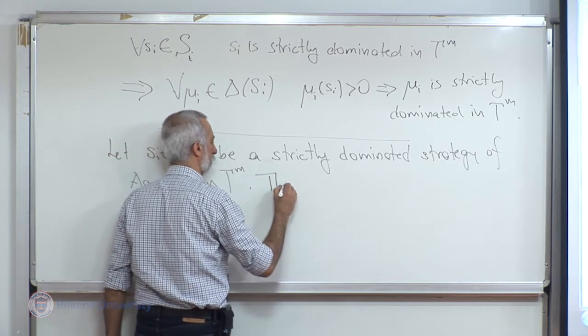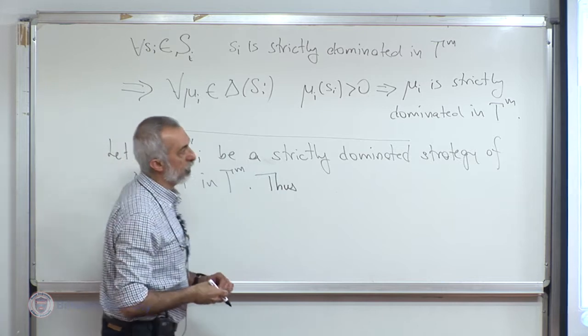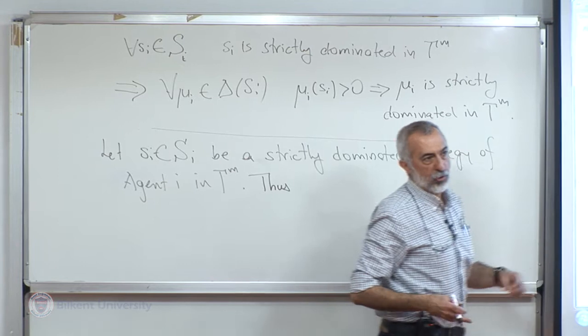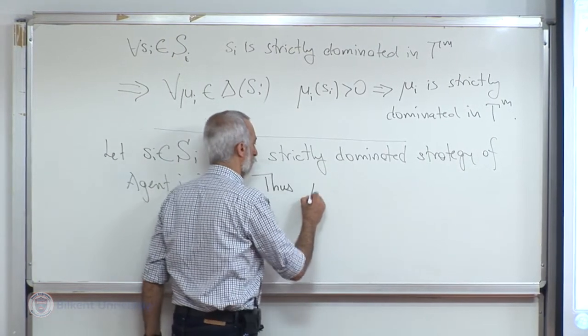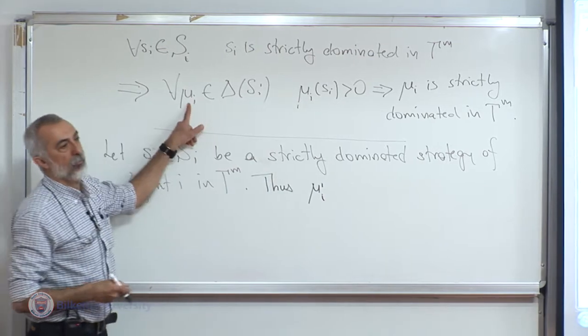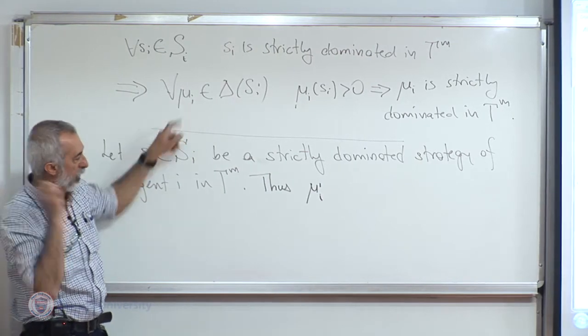Because it is strictly dominated, there is a mixed strategy of player I. I'll use mu I prime this time because I have mu I here.